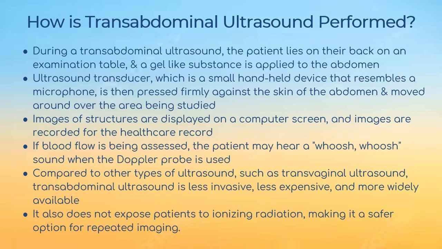If blood flow is being assessed, the patient may hear a whoosh, whoosh sound when the Doppler probe is used. Compared to other types of ultrasound, transabdominal ultrasound is less invasive, less expensive, and more widely available. It also does not expose patients to ionizing radiation, making it a safer option for repeated imaging.